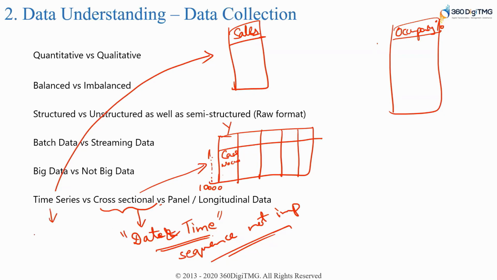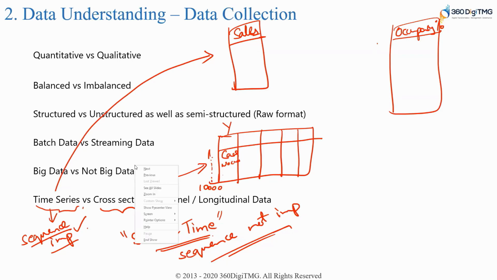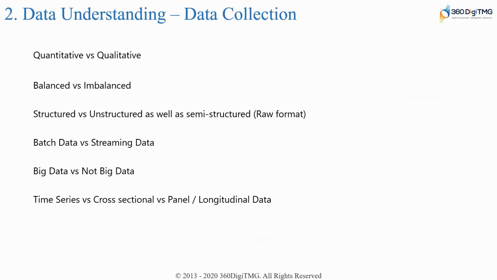So date and time becomes important, and the sequence in which you arrange the data is important. In these kind of scenarios, the underlying data is called time series data. Wow, these two are fine, but then what is this panel or longitudinal data, however you want to call that? To explain this, let me give this.